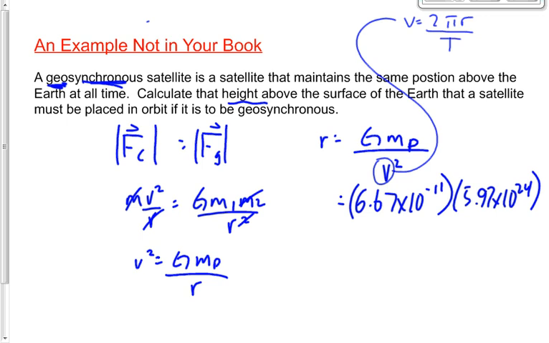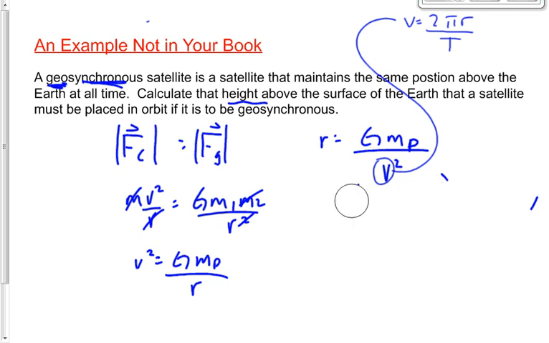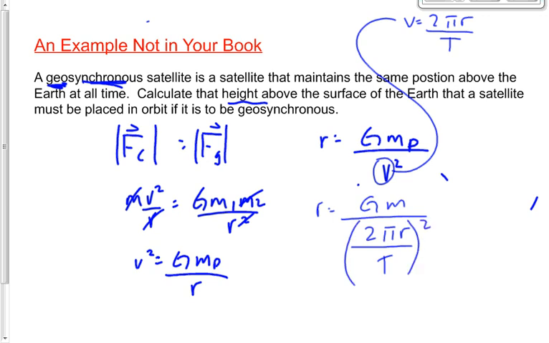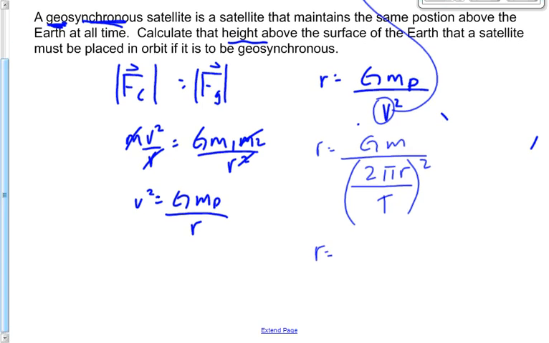So let's get rid of these numbers for a second. Let's replace that v with an expression. R equals GM over (2 pi r over T) squared. Looks ugly. It is ugly. G times M divided by, let's square everything inside the brackets now, 4 pi squared r squared over T squared.